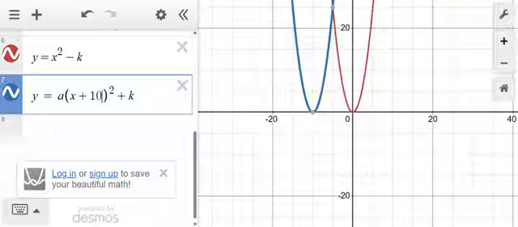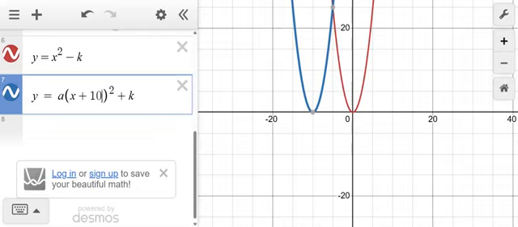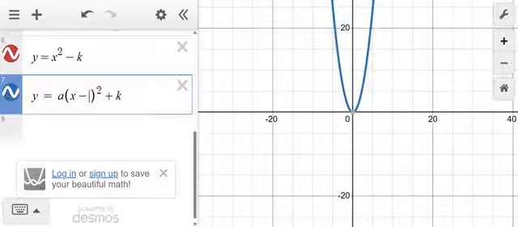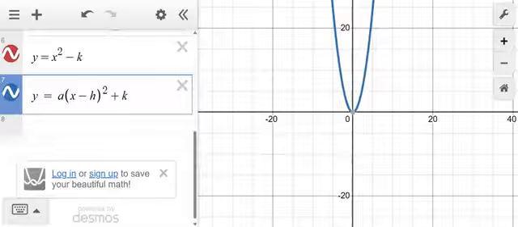So this is what's really confusing. Why is it opposite? I'm going to show you. Do you see how in this formula, this is the vertex form, the general formula for translations.